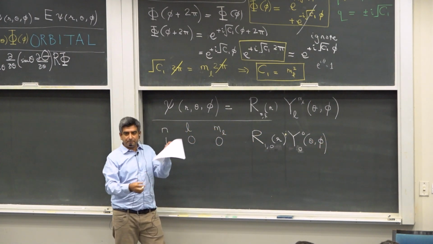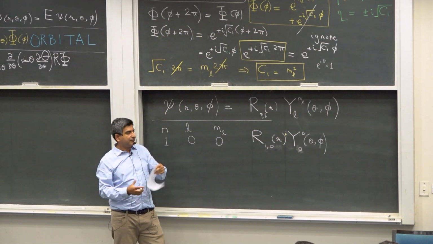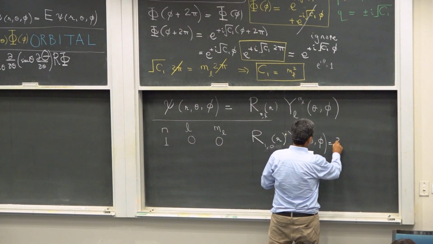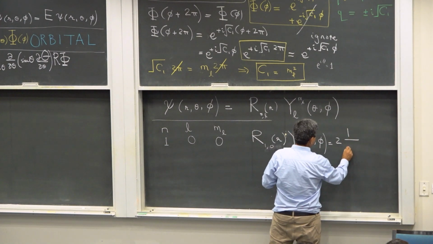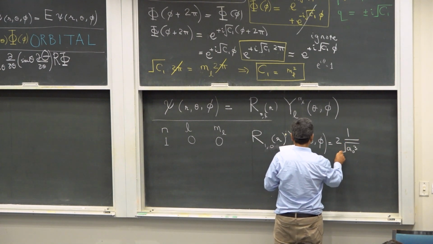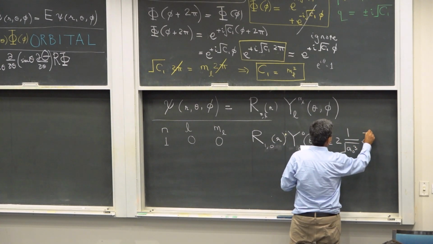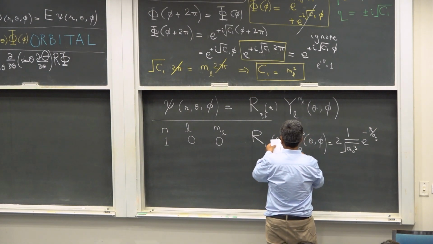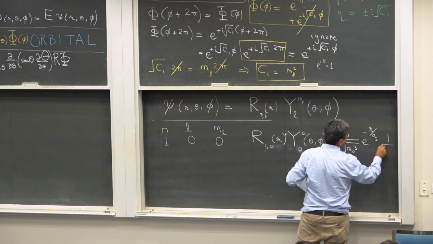So I take up the entries from these tables and I can write this as 2 times 1 over a naught cube, e minus r over a naught, and this is just a constant.